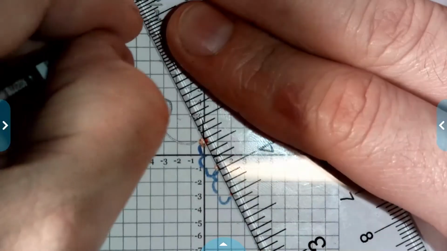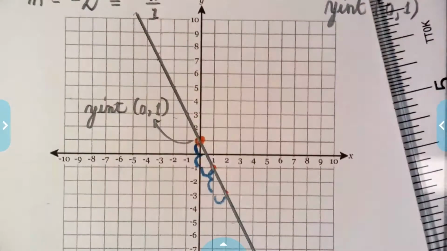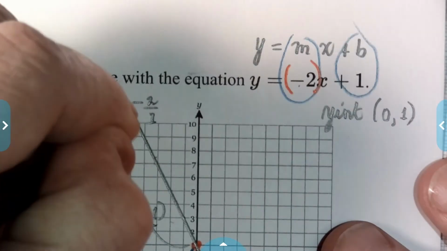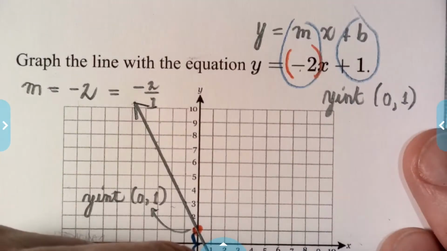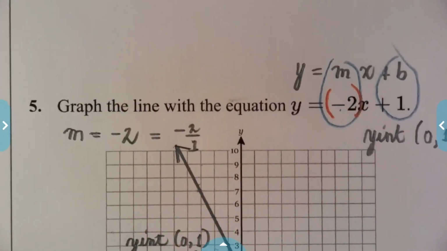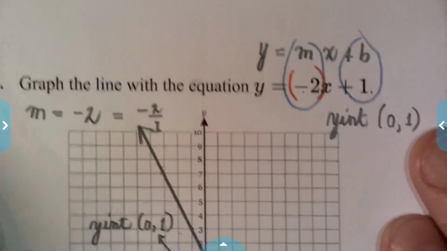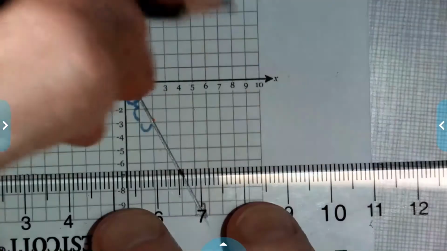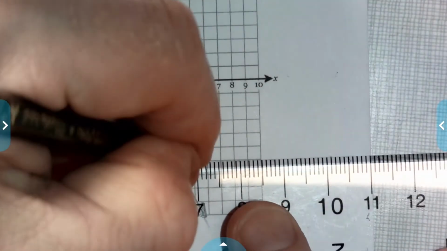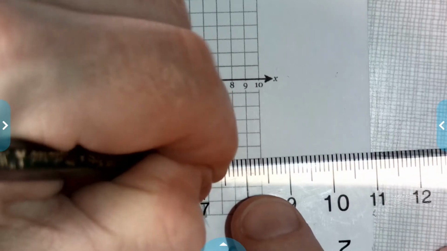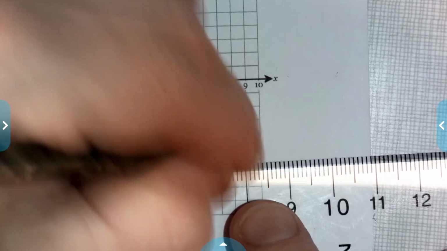Okay, so there's the line. And let's put the arrowheads on the end of it. And we always label our lines. So this is y equals -2x plus 1. We'll label our line here, y equals -2x plus 1.